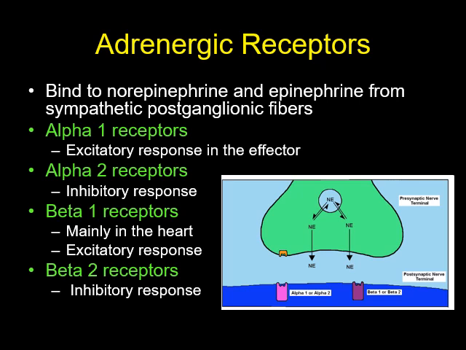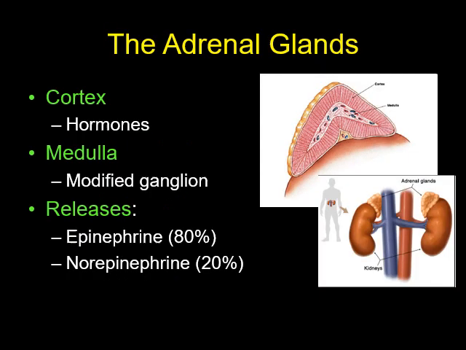The muscle does not contract or the gland does not secrete. Beta-1 receptors are found primarily in the heart and mediate an excitatory response, meaning that when they bind to norepinephrine and epinephrine, they cause the heart to beat faster. Whereas beta-2 receptors, when they bind to adrenaline, reduce the contractility of the heart. They have an inhibitory response.